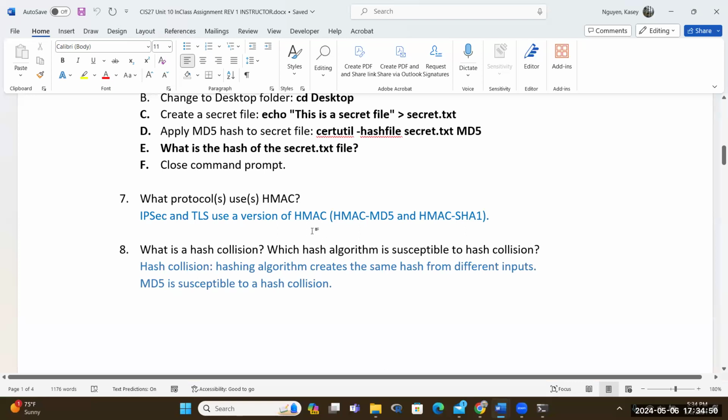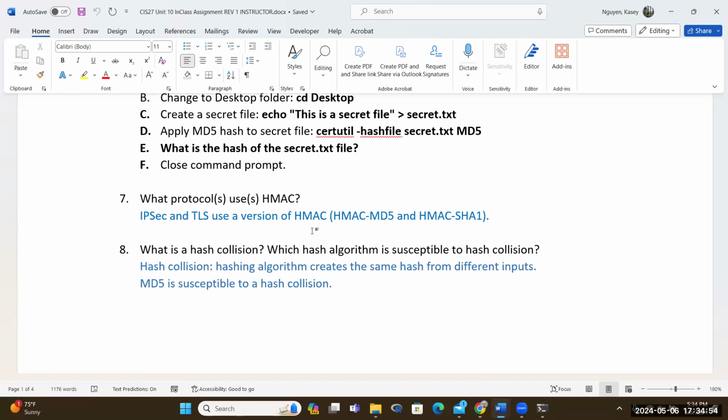Any questions? Did it work? Well, now it says it failed. CD desktop. But you have to make a file first. So did this work? This is a secret file, so that worked.